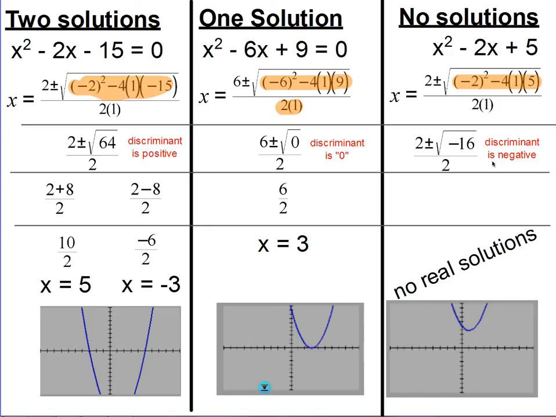Negative numbers do not have real square roots. And if we look down at the parabola, you'll see that it does not cross the x-axis. So there's no real solutions to this. One thing I wish I had typed in here is that this equals 0, because that's kind of important, and I missed typing that.